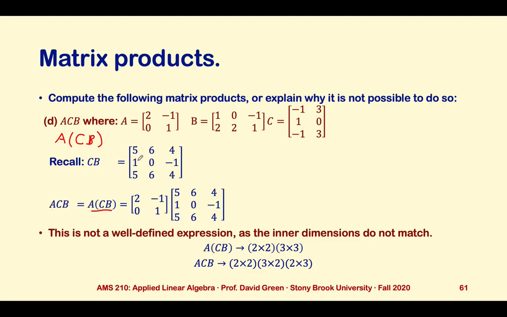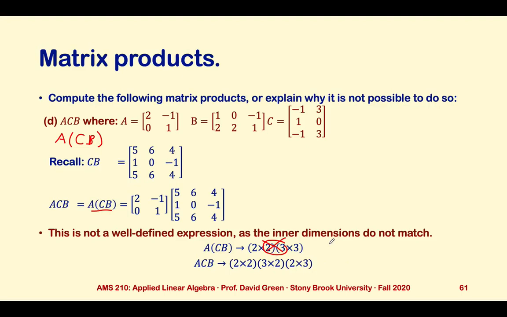Since we already have CB, but if we take a look at our quick analysis of dimensions, we'll see this fails. A is a 2-by-2 matrix, CB is a 3-by-3 matrix. These two inner dimensions do not match. We cannot evaluate that product. Now, we were trying to evaluate this using the pre-evaluated product CB, so that's the comparison we made.